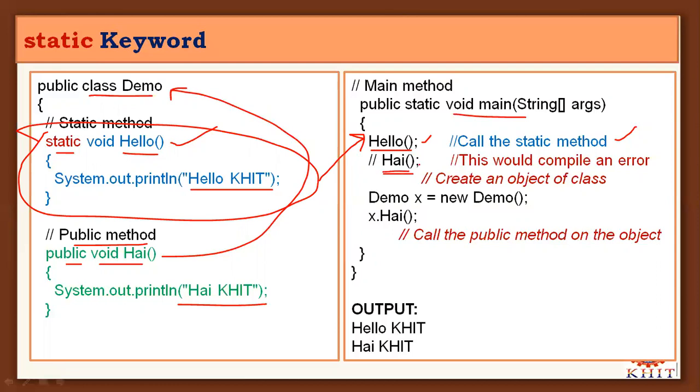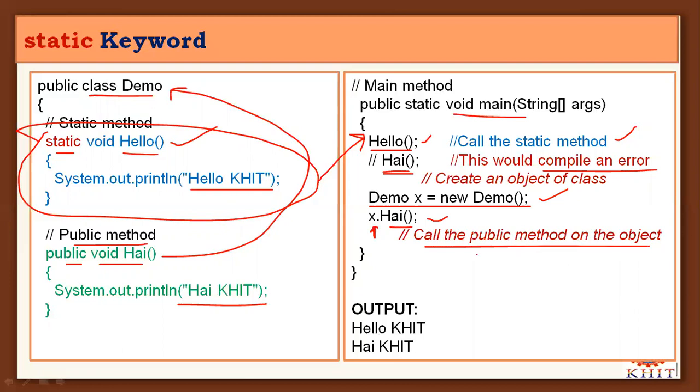When we call a public member of a class like this, it creates a compile error. To access it, we need to create an object of this Demo class like this, and then you can call the hi method using that object of the Demo class. This is the process to call a public method of the class through an object.